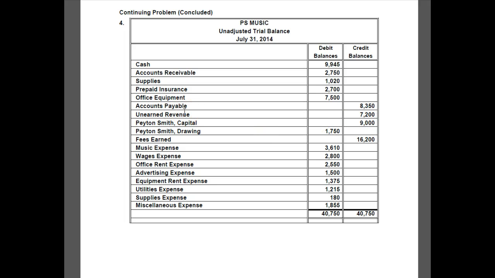Maybe some of that has been earned now and needs to be pulled out. Those are the kinds of things. We have a prepaid insurance, which tells me that's been paid for the full year, and I'm going to have to adjust that out and put it down here in expenses, because the whole purpose of the accrual accounting system is to match revenues and expenses. And if I still have some left here, I'm not matching the monthly expenses that go through.